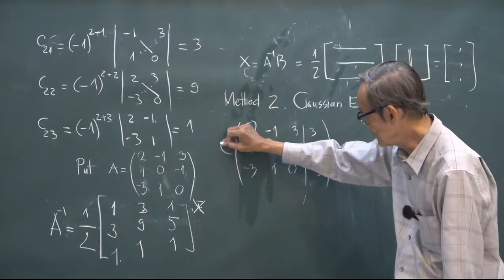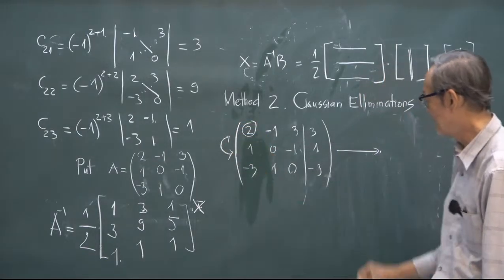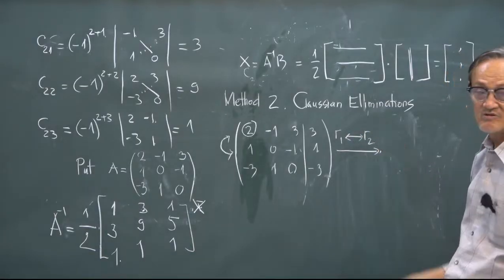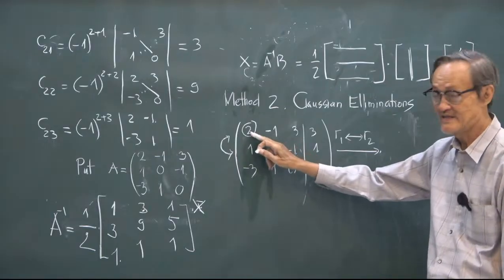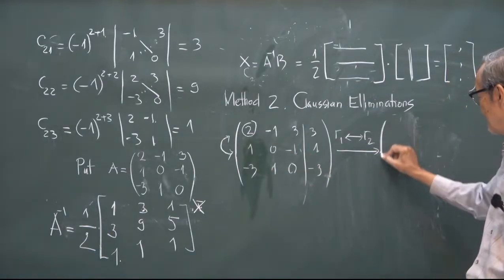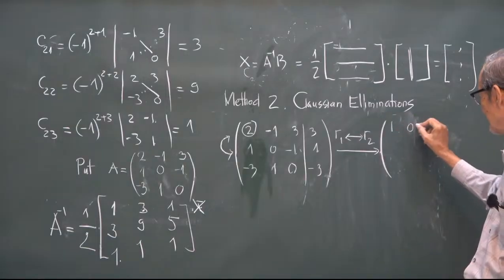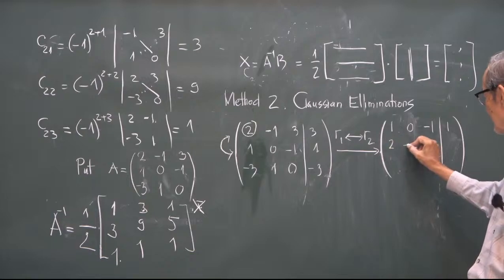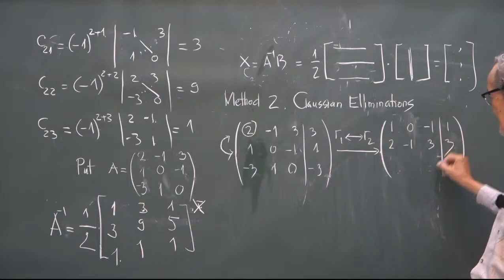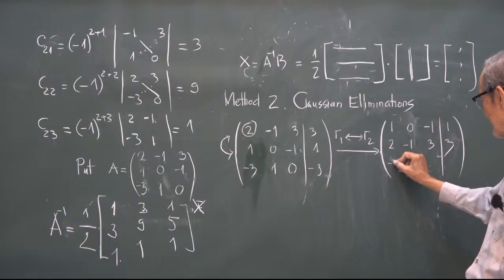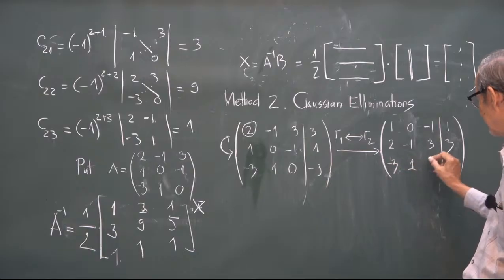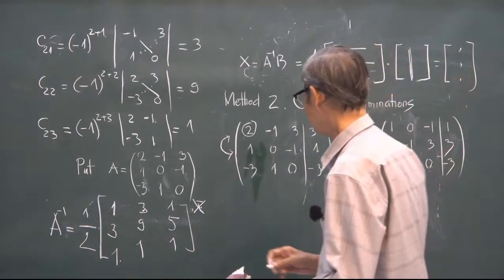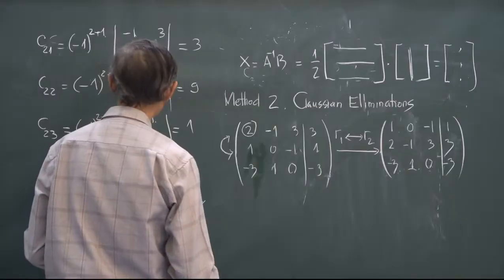We exchange two rows: row 1 exchange row 2 to have number 1 here. 1, 0, minus 1, 1. 2, minus 1, 3, 3. And remain the third.